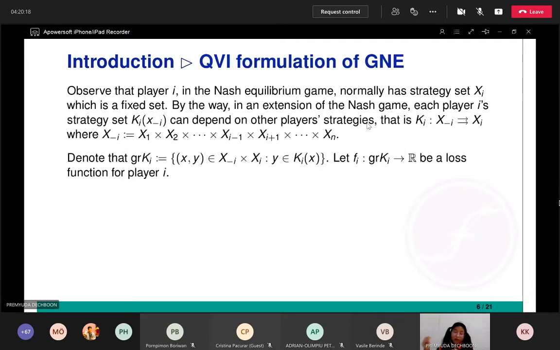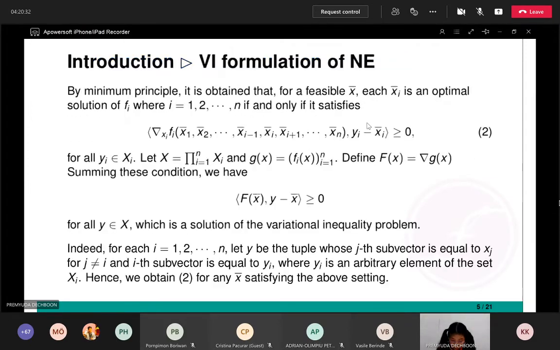Another way we can say is that if x bar is a Nash equilibrium point, then it satisfies the minimization problem. And we can also consider the vector y as the n-tuple, but at the i-th component we change it to be y.